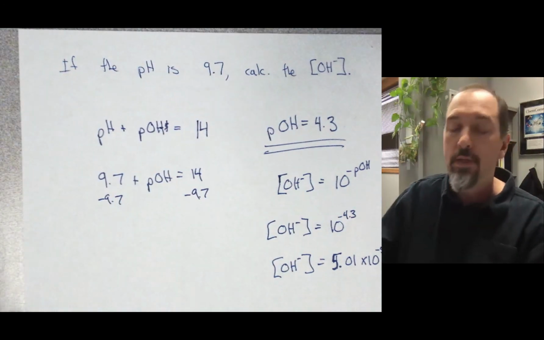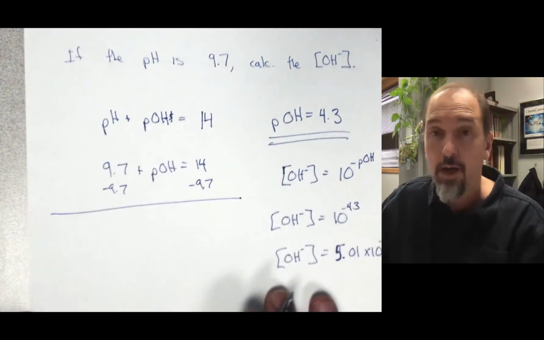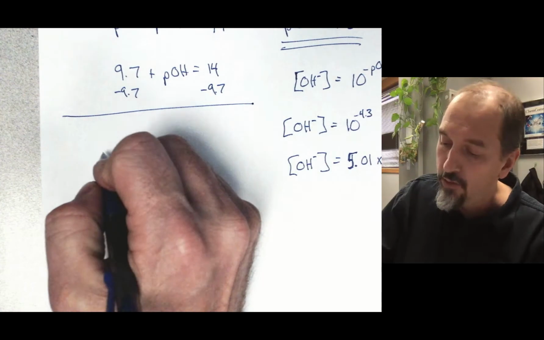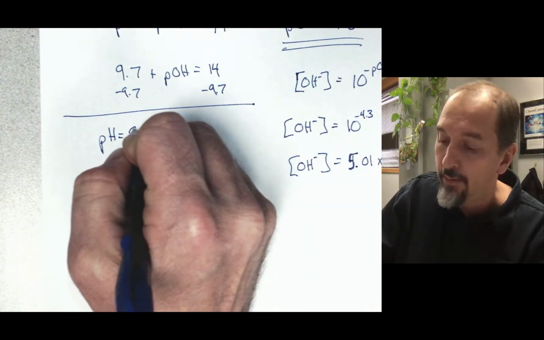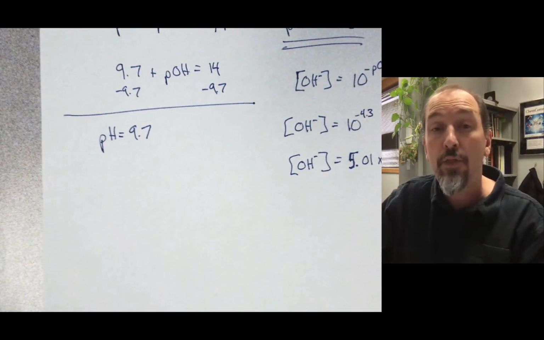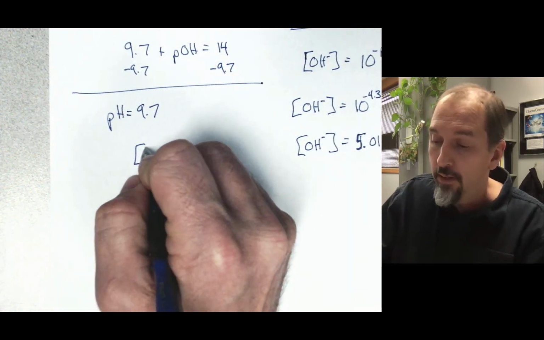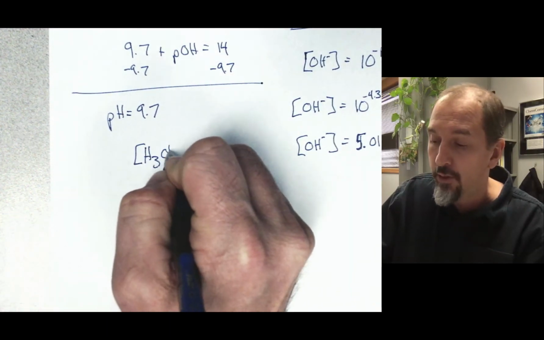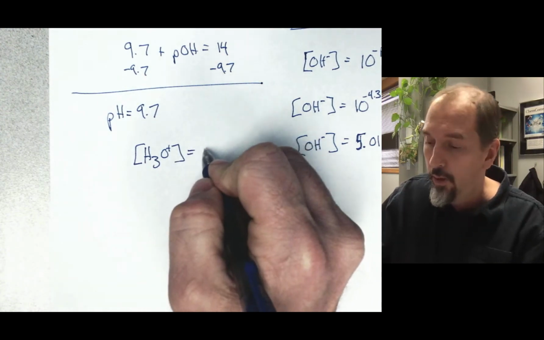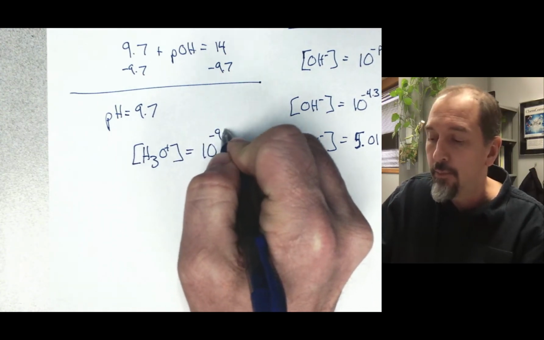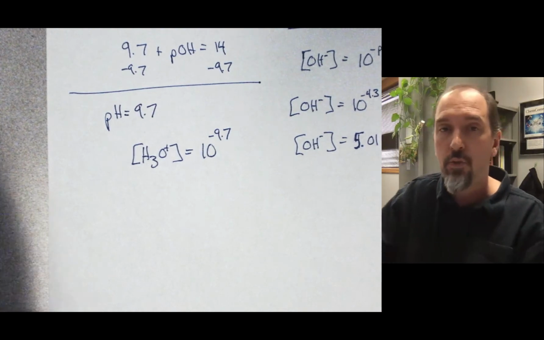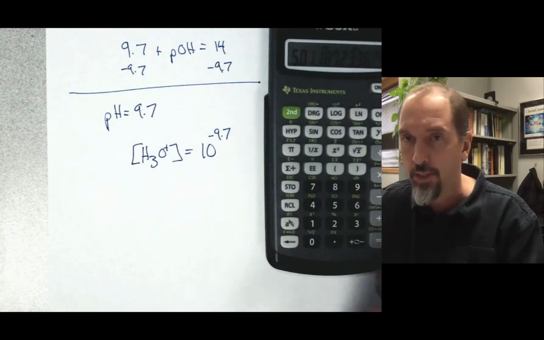The other way we could have done this problem was to take this pH value, pH equals 9.7, and figure out the hydronium ion concentration. So what I can do is I can say the hydronium ion concentration is equal to 10 raised to the minus 9.7. This will give me the hydronium ion concentration.